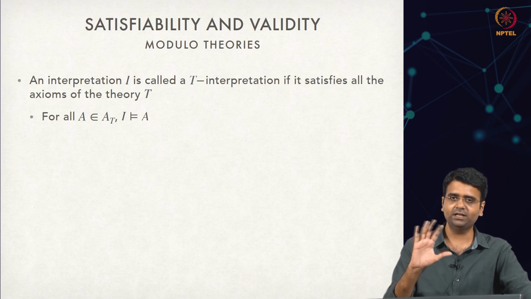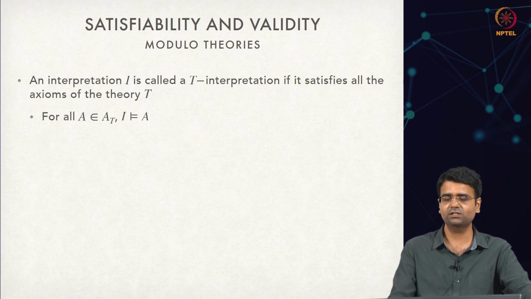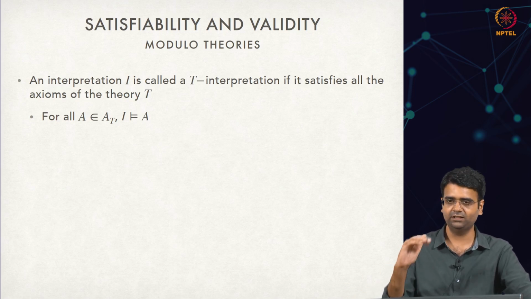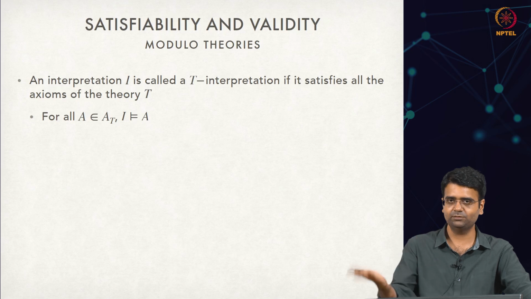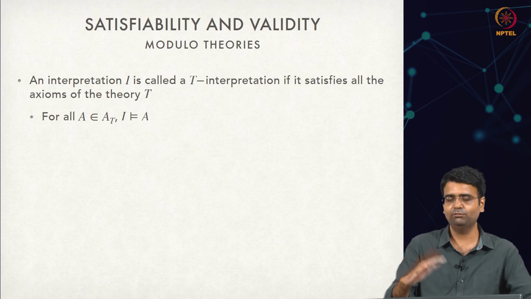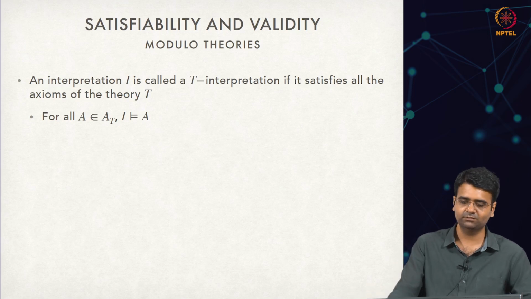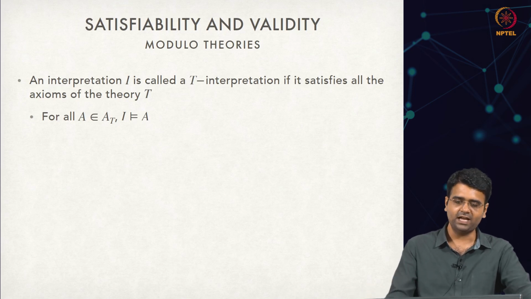So an interpretation I, which will assign values to those symbols, is called a T interpretation if it satisfies all the axioms of the theory. So this is what we want. In fact, we want an interpretation which only satisfies the axioms of the theory, because the axioms of the theory give an intended meaning to the symbols of the theory, to the signature of the theory. Okay. So an interpretation I is called a T interpretation if it satisfies all the axioms of the theory.